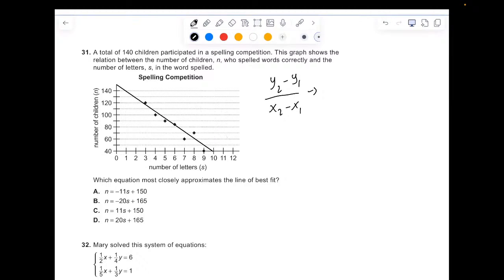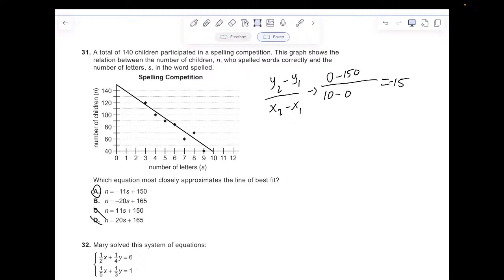Y2 is going to be 0 minus 150 over 10 minus 0, which is equal to 15. Negative 15, whoops. So that is close to this. It's not going to be either of those. We definitely have a negative slope.